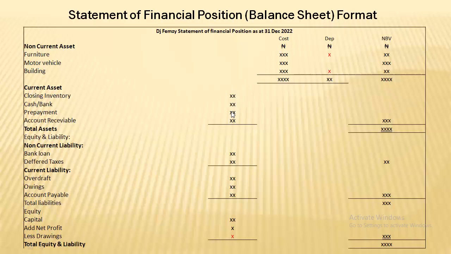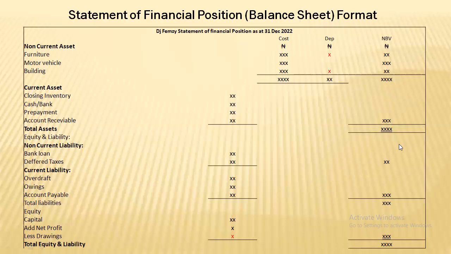So if we add our total equity and total liability, we would get the same figure as our total assets. If you have watched the video on the accounting equation, that should be self-explanatory.